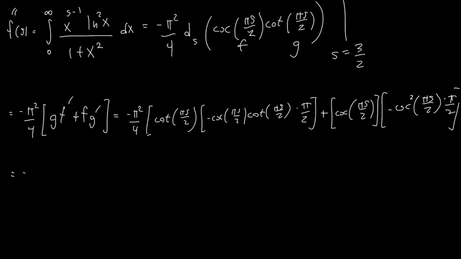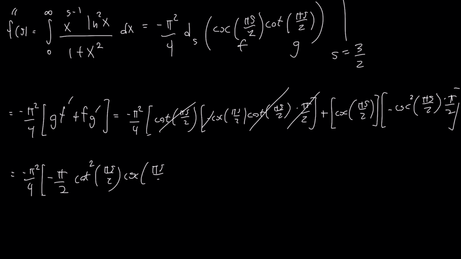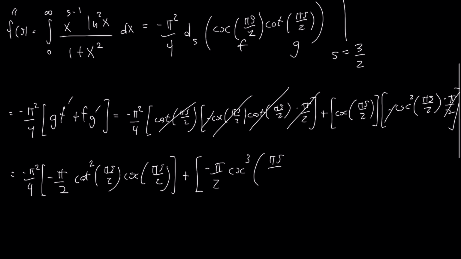So this is equal to minus pi squared over 4. We're going to have a negative pi over 2, a cotangent squared of pi s over 2, an extra cosecant of pi s over 2, and we'll have a plus negative pi over 2, and we have a cosecant cubed of pi s over 2.